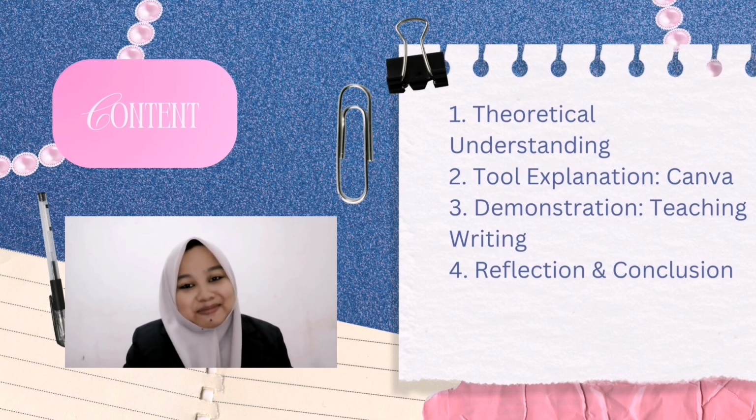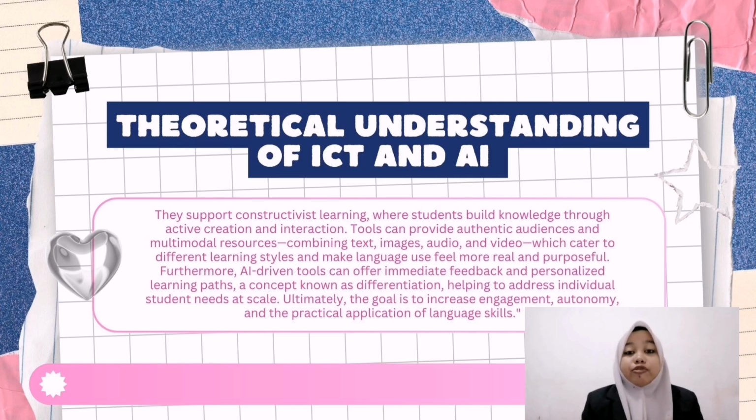Let's get started. The integration of information and communication technology, or ICT, and artificial intelligence, or AI, in English language teaching represents a paradigm shift from traditional teacher-centered to more dynamic student-centered learning environments. The theory, as we've learned, posits that these technologies are not just add-ons but powerful catalysts.